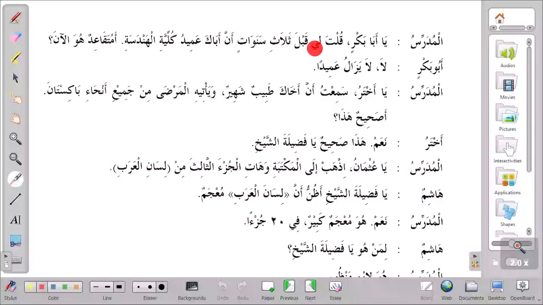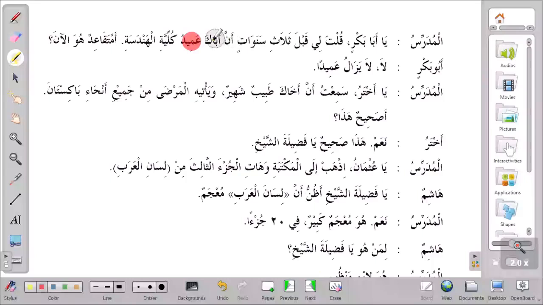O Abu Bakr, qulta li qablas salasi sanawatin, you said to me 3 years ago, anna abaka amidu kulliyatil handasati, that your father is the dean of the College of Engineering. Amidun is the dean, the dean of students or dean of a particular college of a university.